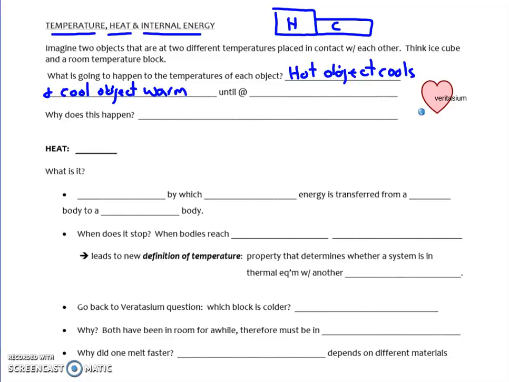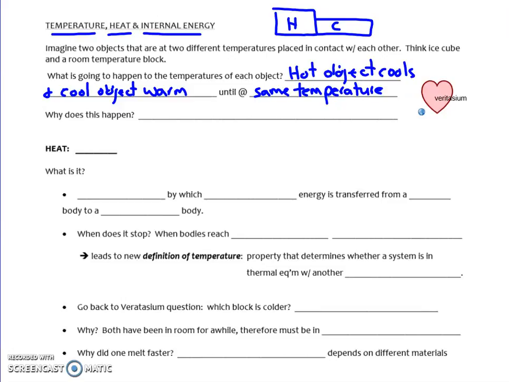Right? Until when? Well, I think most of you also understand, until they are at the same temperature. So if I've got a hot cup of coffee and I let it sit out in the classroom all day, eventually it's going to be the same temperature as the ambient temperature, namely the room.